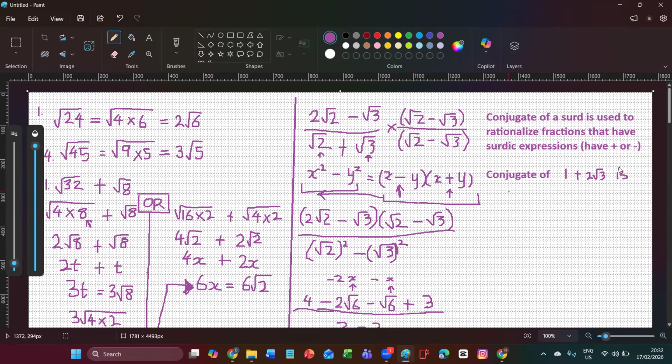Okay, so if you say minus in between, you put a plus. That's just the law.